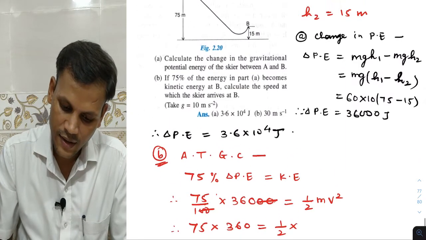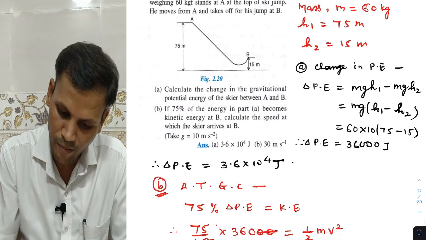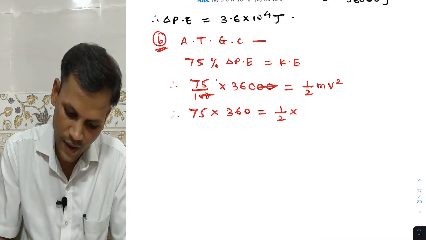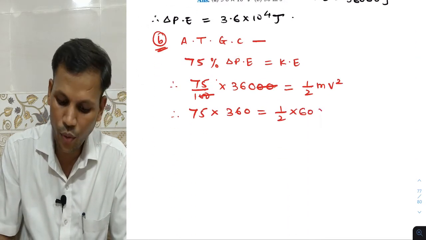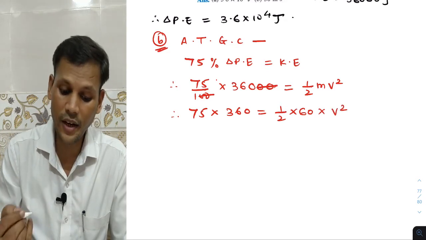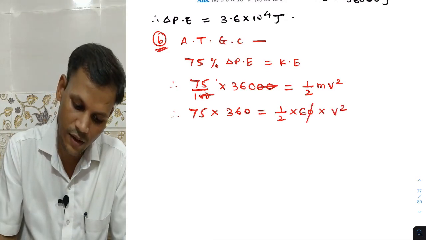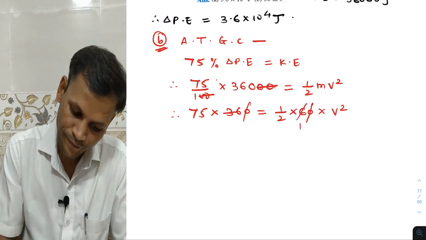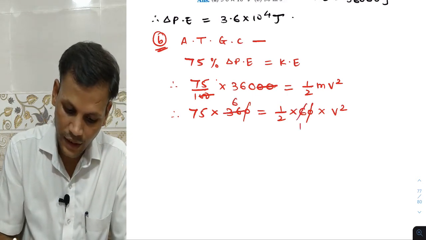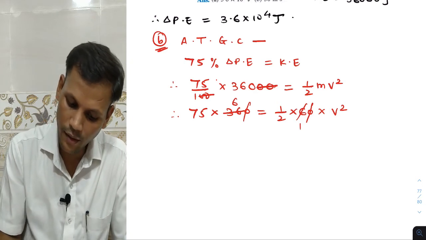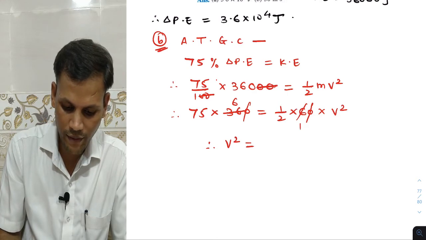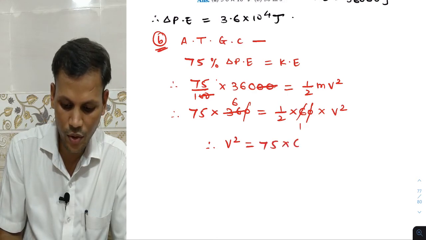We substitute that here, 60 kg into V square, which is to be calculated. Now this 0 gets cancelled, 6 ones are 6, and this 2 will move to this side. So V square is equal to 75 into 6 into 2.